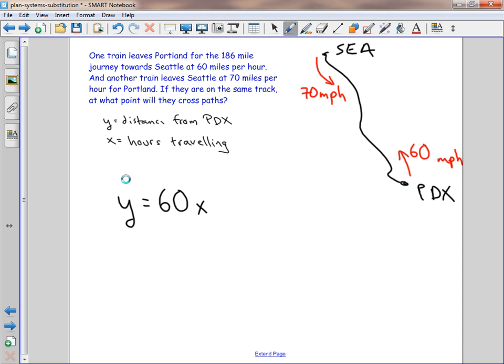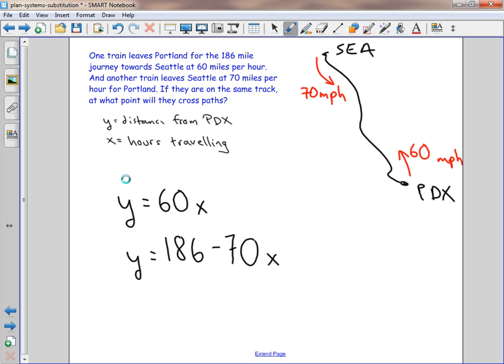The train from Seattle, on the other hand, starts 186 miles away from Portland and gets less far from Portland as time goes on because it's constantly moving towards Portland. And its distance to Portland is shrinking at a rate of 70 miles for each hour.